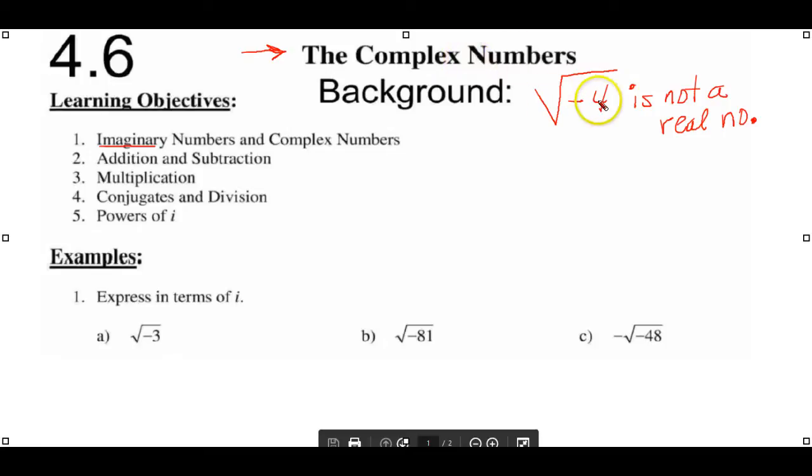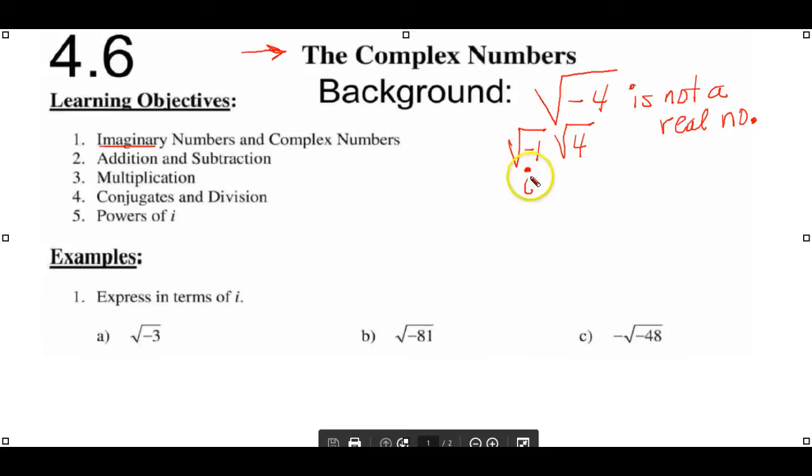So let's do some definitions of what an imaginary number is. Well, what mathematicians did to solve this is divide this into the square root of a -1 times the square root of 4. And they defined the square root of -1 as the lowercase letter i.